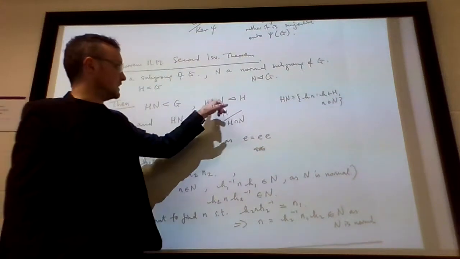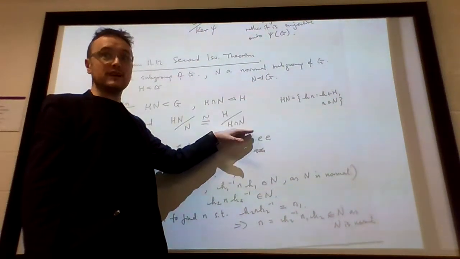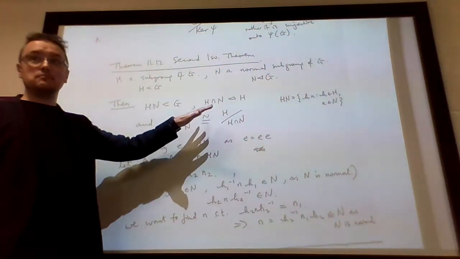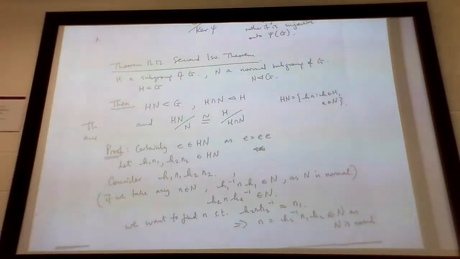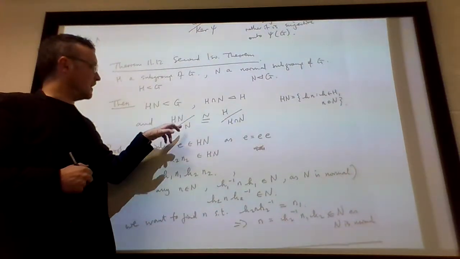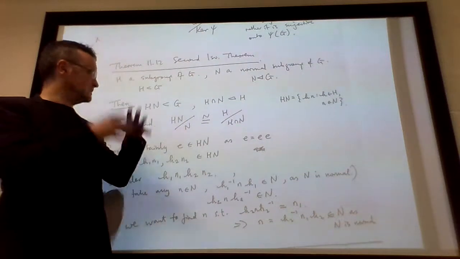We've just shown that H intersect N is normal in H, so this is also a valid factor group construction. And now we're going to show that essentially the two are the same. They're isomorphic groups. There'll be different elements, because the elements of this are cosets of N, which is biggish.